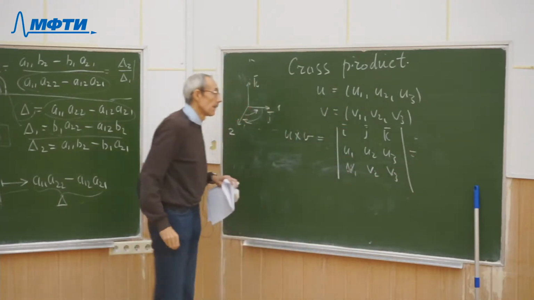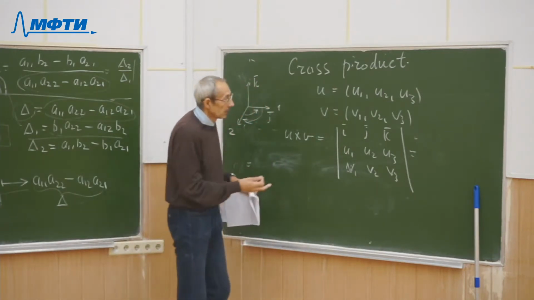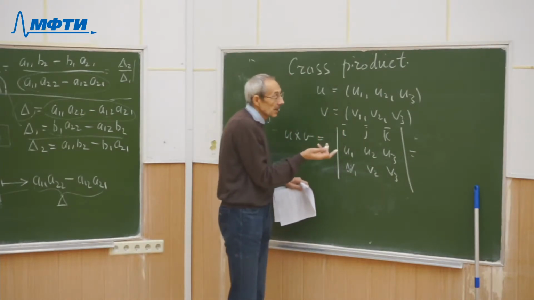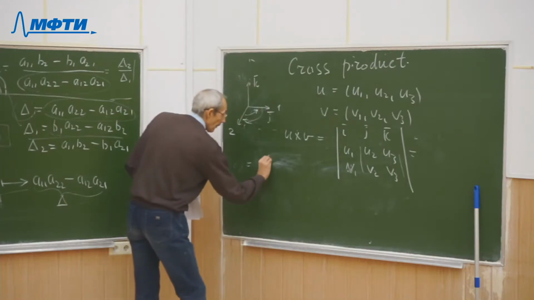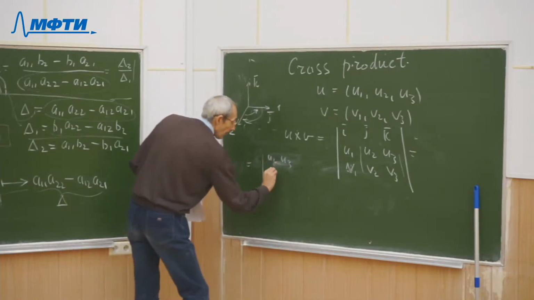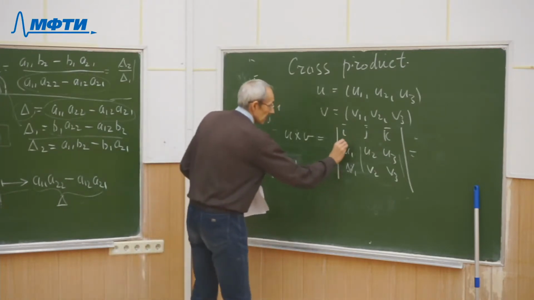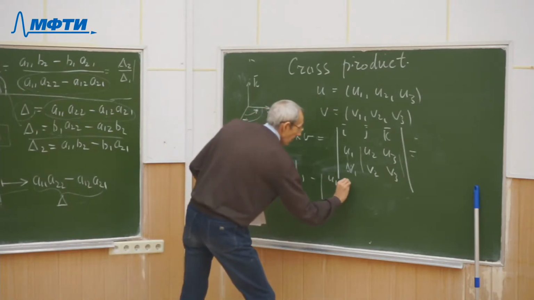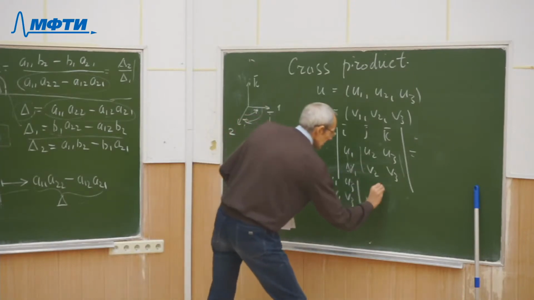What does this formula mean? We can see that this expression defines a vector with coordinates: the first coordinate is this minor, the second coordinate is this minor, and the third coordinate is this minor.